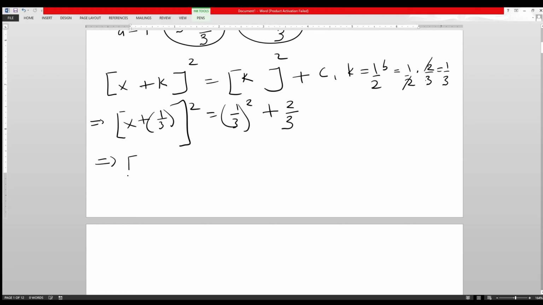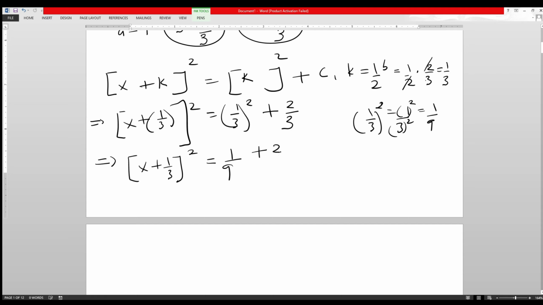So this is the same as x plus 1 over 3 all squared is equal to 1 over 3 all squared. This is the same as 1 squared divided by 3 squared. And 1 squared is 1, 3 squared is 9. So 1 over 3 all squared is 1 over 9. And then I have now plus 2 over 3. Okay? Let's move on.